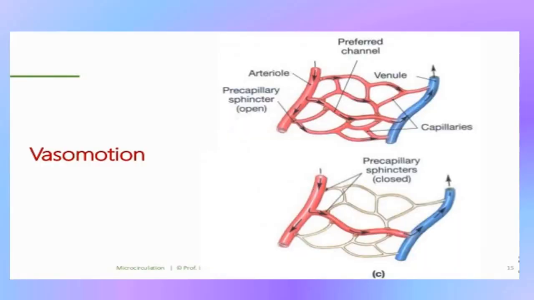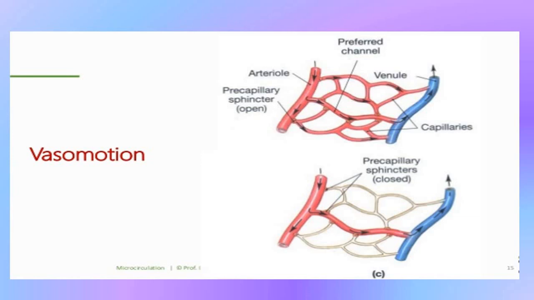Vasomotion is the cyclic opening and closing of the precapillary sphincter for the movement of blood into the capillary from the arteriole. The movement of blood into the capillary due to opening and closing of the precapillary sphincter is a cyclic process.